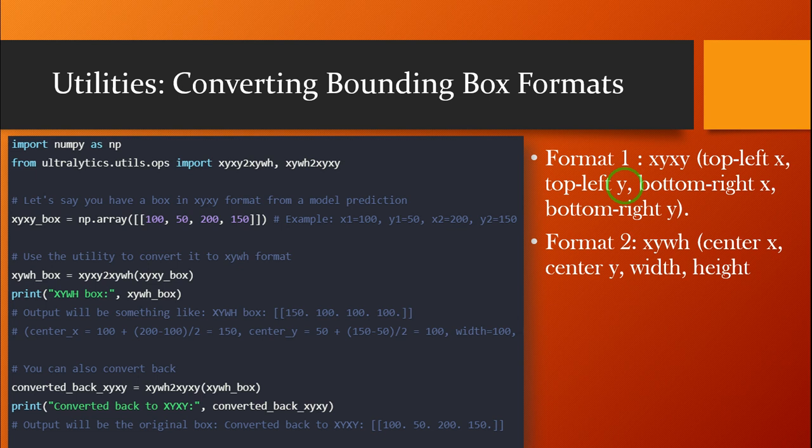If we have two diagonal coordinates, then we can create a bounding box. Also we can use center coordinates and height and width to make a box. So these are the two formats. But often we need to convert these formats depending on what we want to do with these boxes. For example, some plotting libraries prefer xyxy, while YOLO labels use xywh as the format.